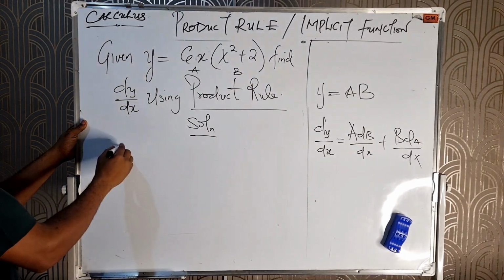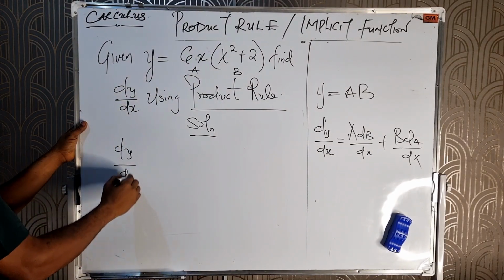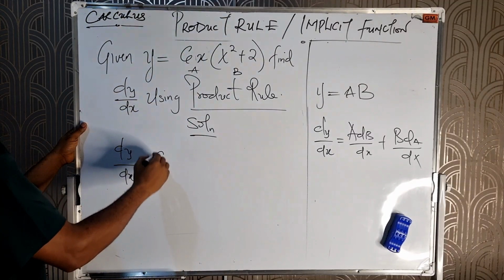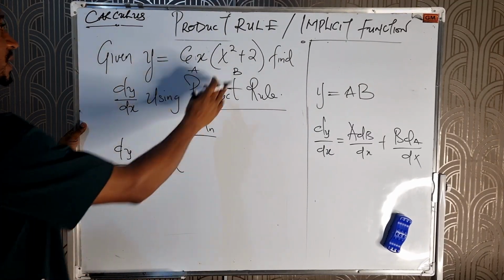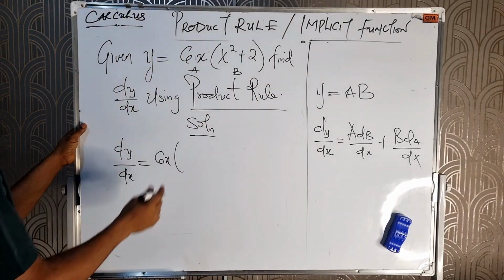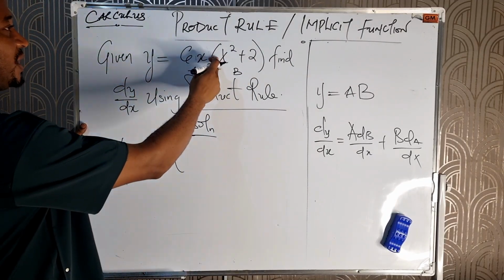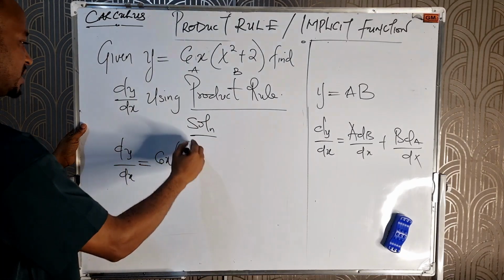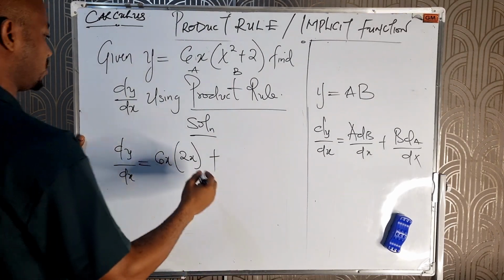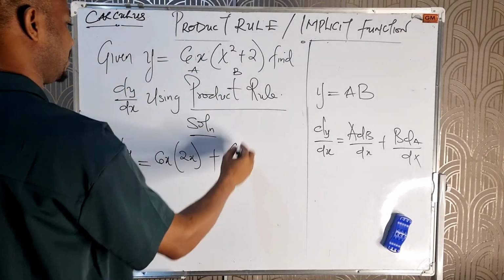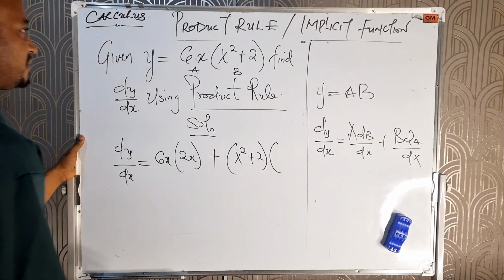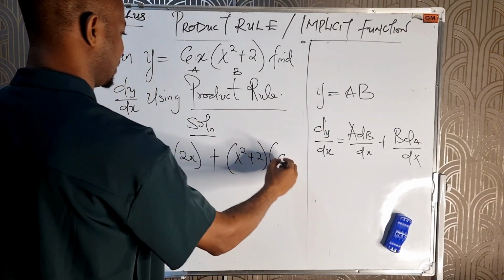Here we have our dy/dx, which is equal to, we keep a constant, we have 6x. Differentiate x² plus 2. When we differentiate x², we have 2x. Differentiate 2, we have what? 0. So that means here will give us 2x. So we have plus. We keep what constant now? We have to keep x² plus 2 constant, right? Then we differentiate 6x. We have 6 here.